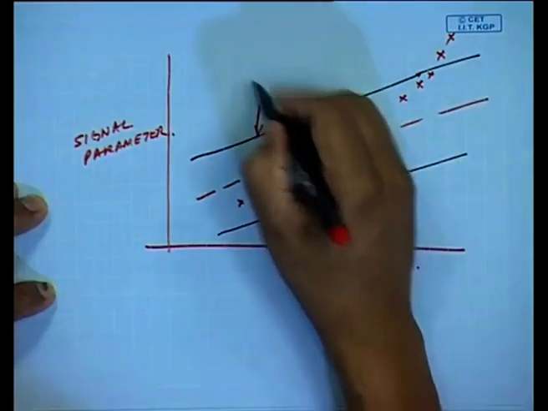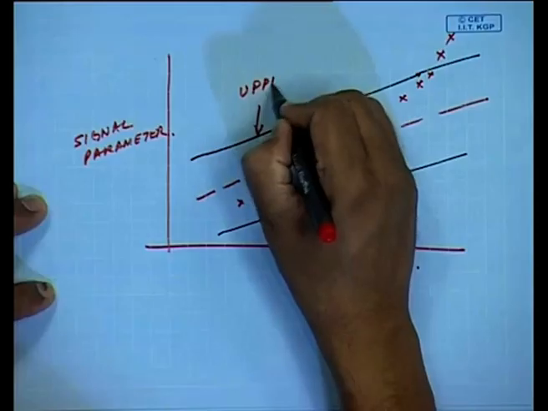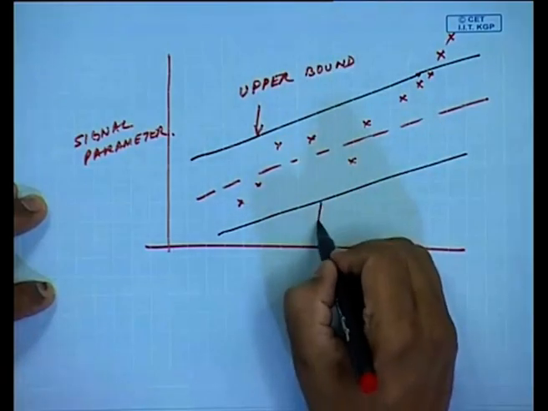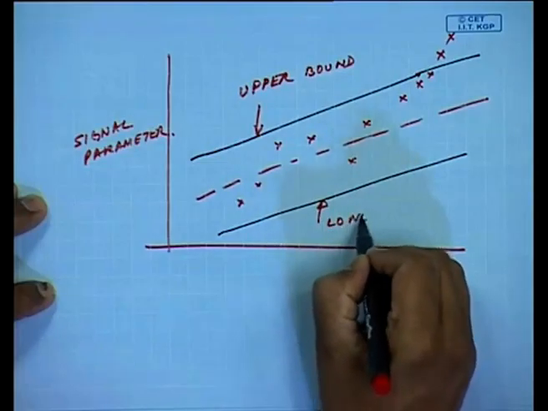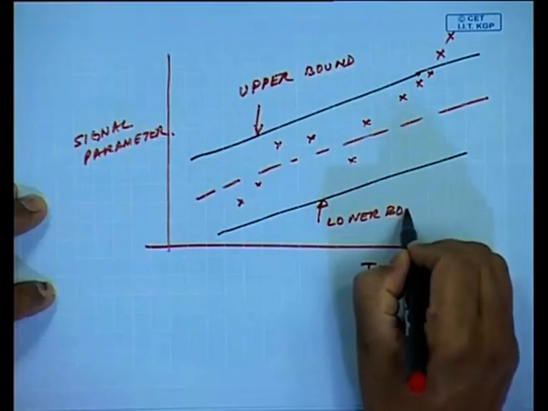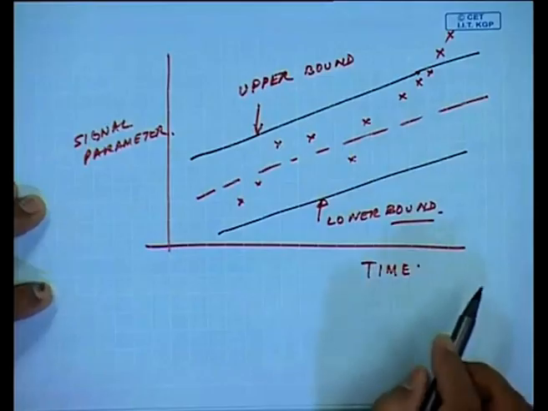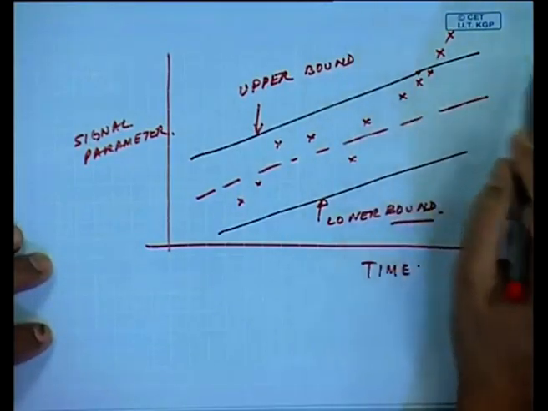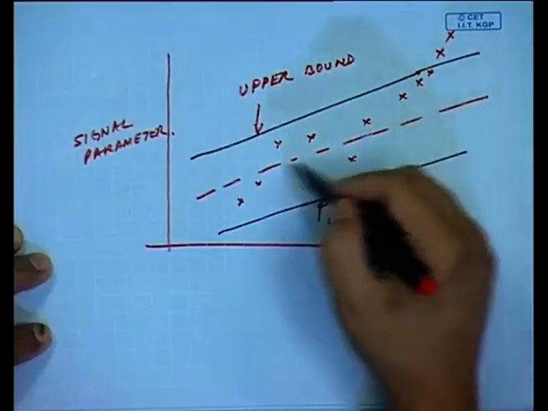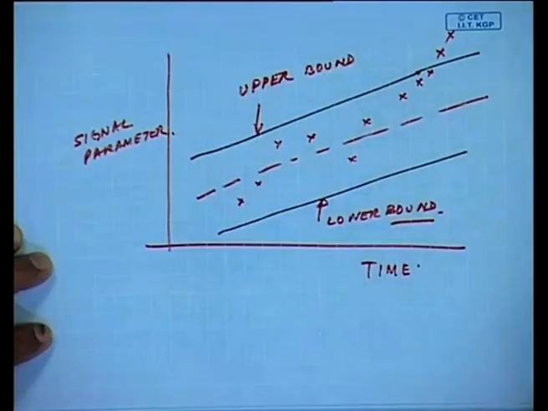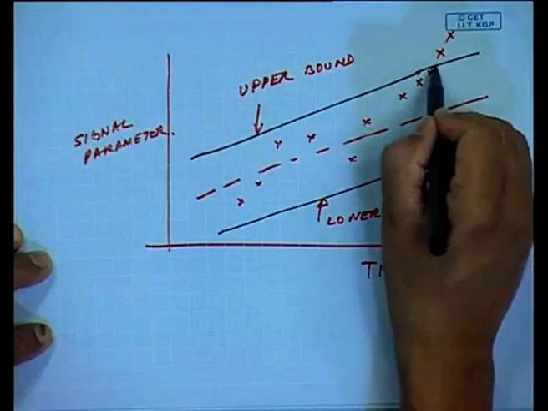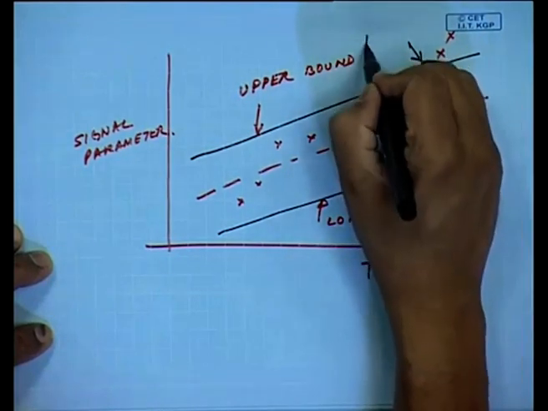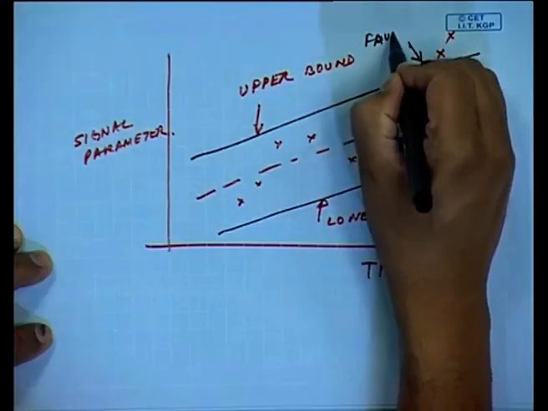I can set the limits of this upper and lower bound within the plus minus 3 sigma values of the measured parameter, and I can be alarmed that a fault has occurred in such a situation. Fault has been detected.